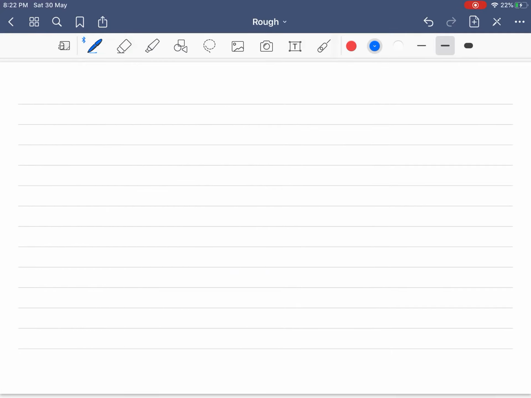Another example: suppose I am writing 0.00268, then how can we write it in scientific notation? First of all, move the decimal point.